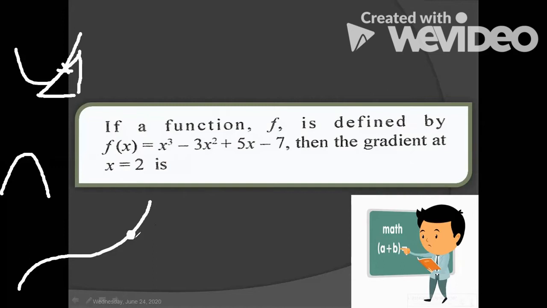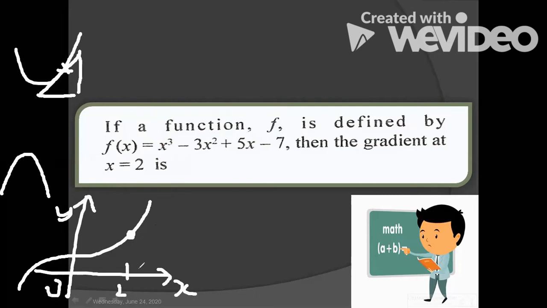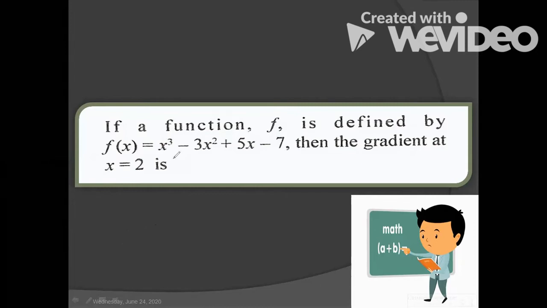It's like you have a graph. That's our x-axis, that is our y-axis, that's the origin, and this will be x equals 2. We're not going to draw a tangent and find rise over run. We're going to use calculus to do all of that. So we're going to differentiate f of x.